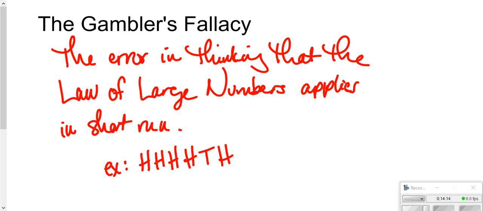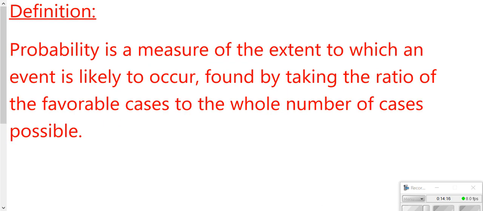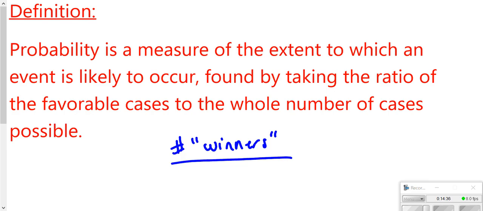All right, so the actual definition of probability, I thought I should probably include that, is the measure of the extent to which an event is likely to occur, and it's found by taking a ratio. That ratio is going to be the number of, I guess I would call it winners, over the total number of possibilities.